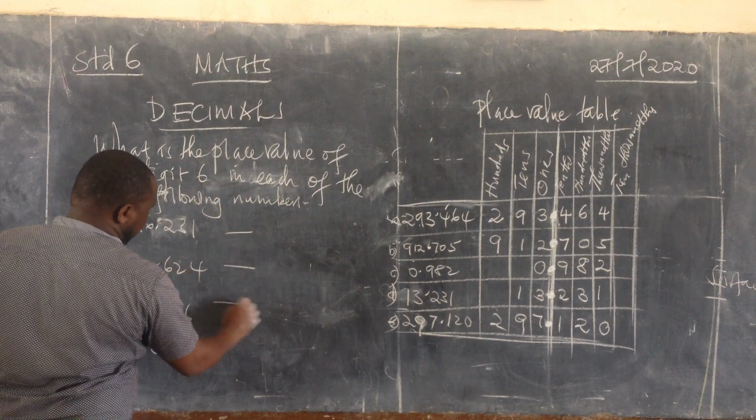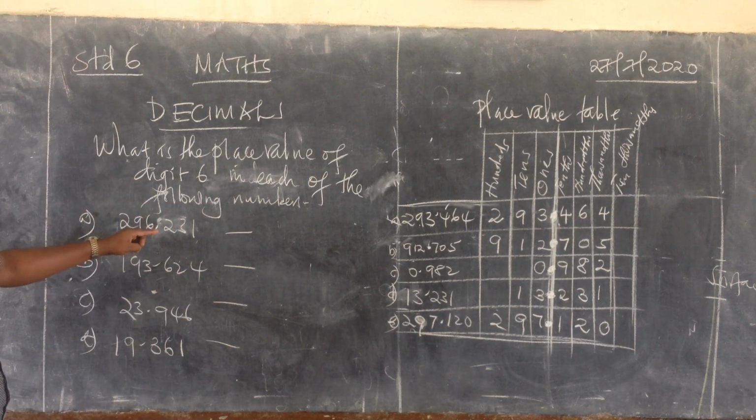So you are asked to get the place value of digit 6.